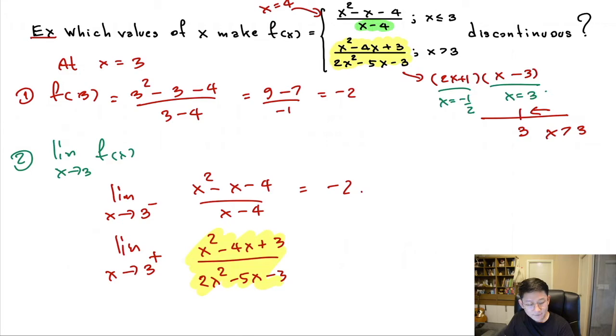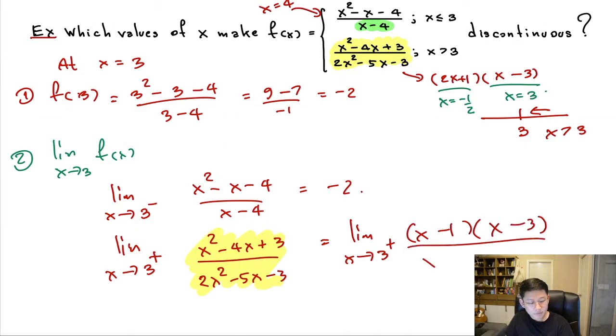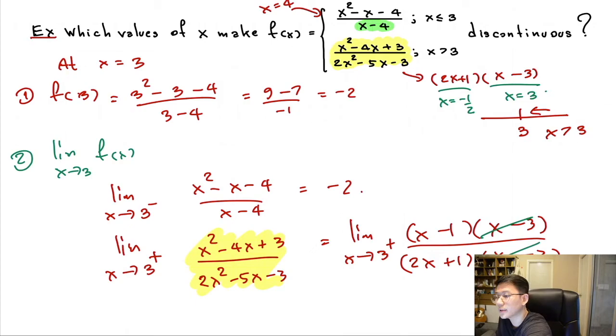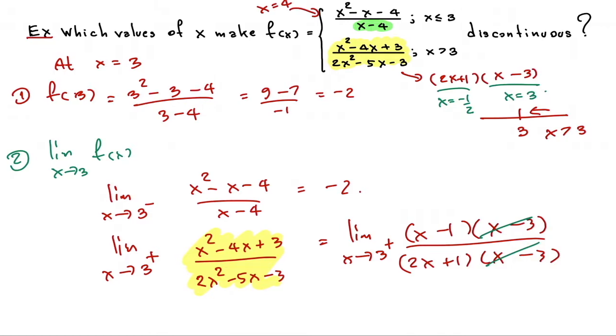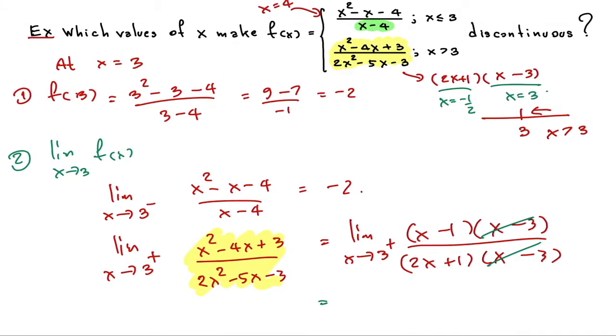So what we have here is the limit as x approaches 3 from the right-hand side of, I'll factorize the thing up here, (x minus 1)(x minus 3). Down here I have (2x plus 1)(x minus 3). So these cancel out. If we substitute x in there, we get 3 minus 1 divided by 6 plus 1, which is 2 divided by 7.